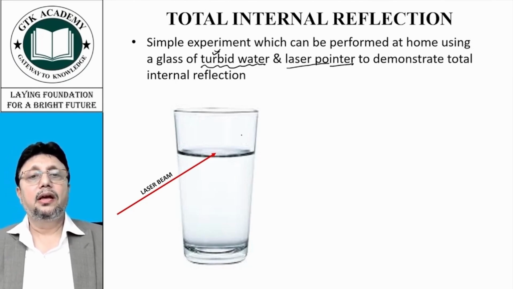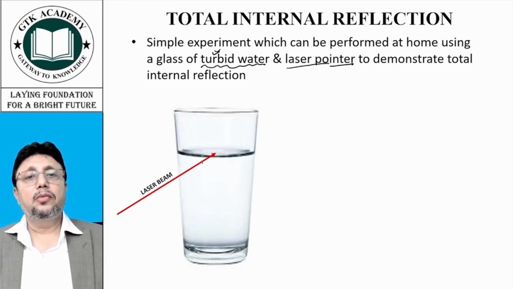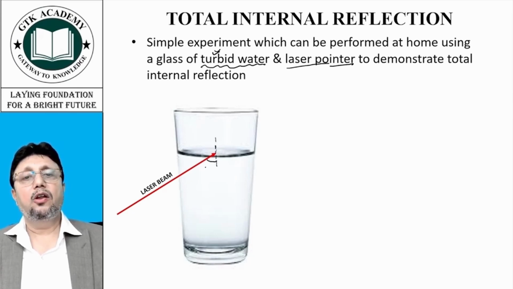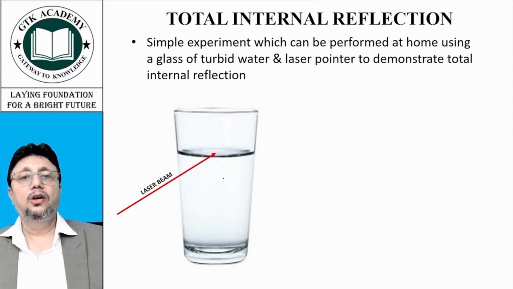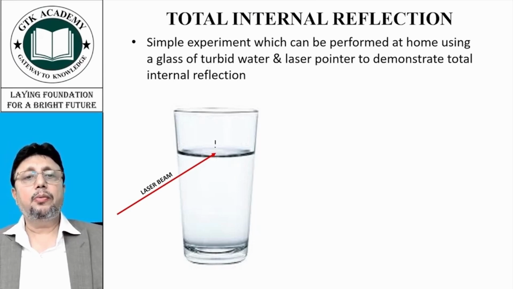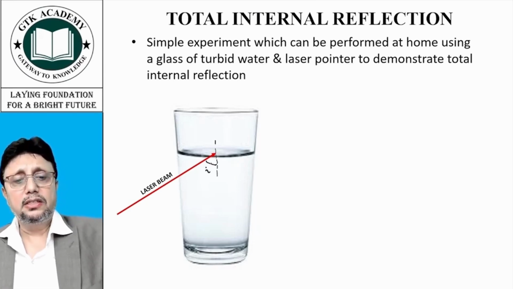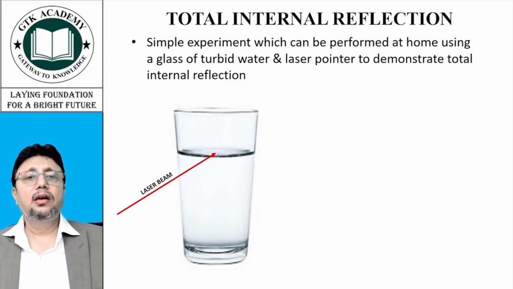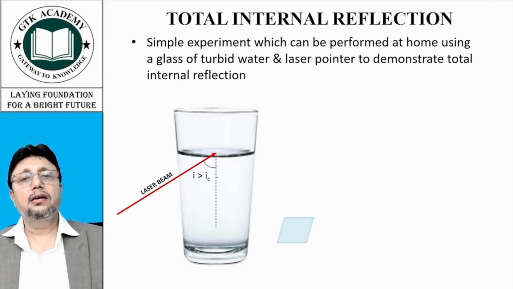Now what will happen? This laser beam, this ray is traveling right now from water towards air, and say if this is the angle of incidence I, if it is greater than critical angle, this ray will be totally internally reflected here, right? So if you keep on changing this angle, just keep on increasing this angle of incidence, you will get a stage when the ray will be reflected back like this.